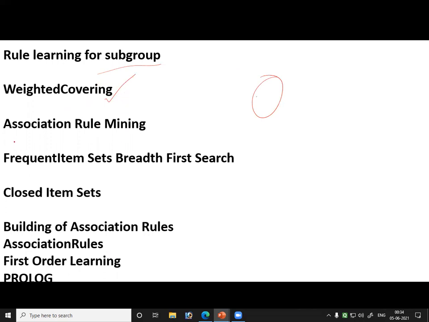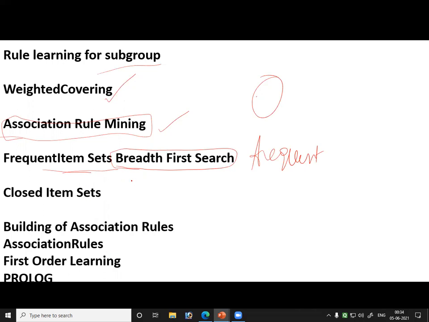And then we talked about association rule mining, an unsupervised method, and frequent item sets. We talked about an algorithm for frequent item sets using breadth first search.